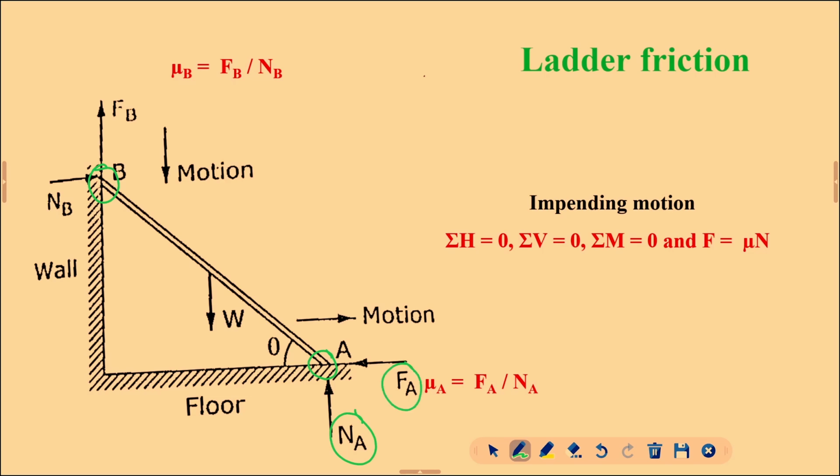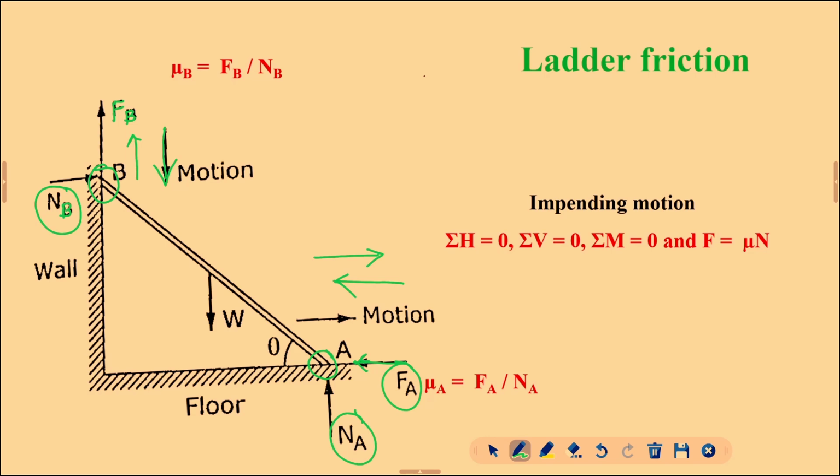And consider point B. If there is friction at point B, first you need to consider this normal, that is N suffix B, and this F suffix B. Why? Because the movement of the ladder is in this direction, so the frictional force will take place in the opposite direction. And if the movement is in this direction, the frictional force again takes place in the opposite direction.